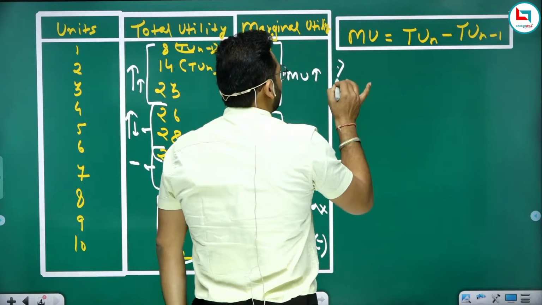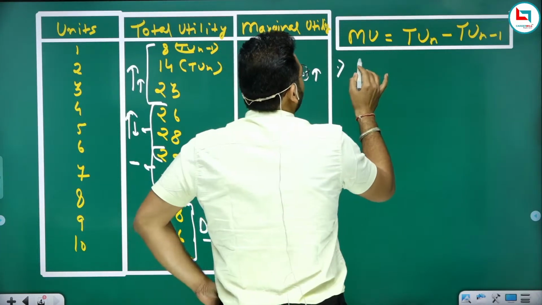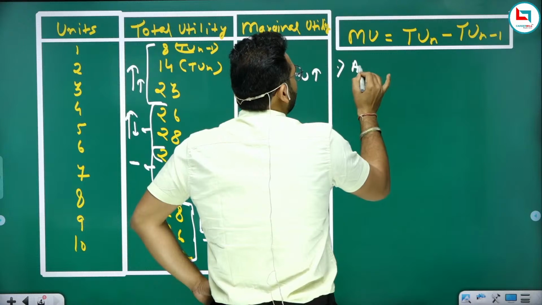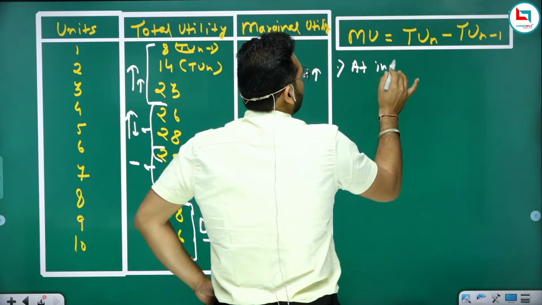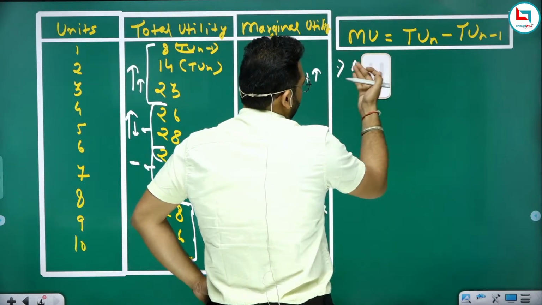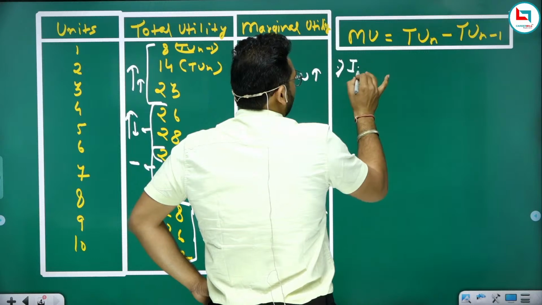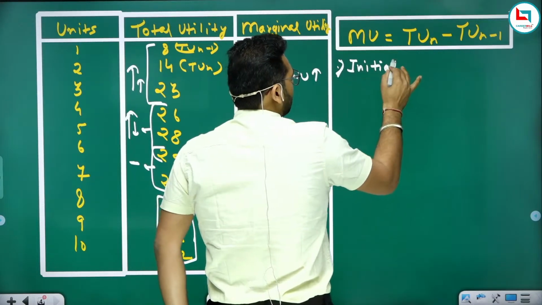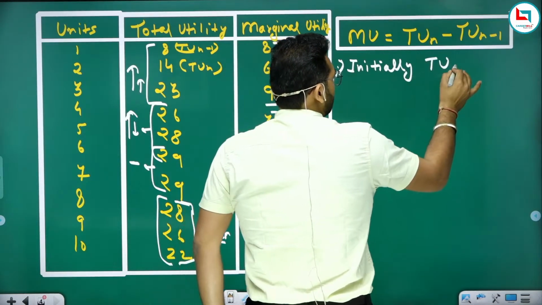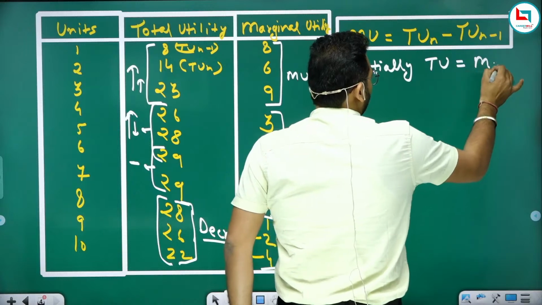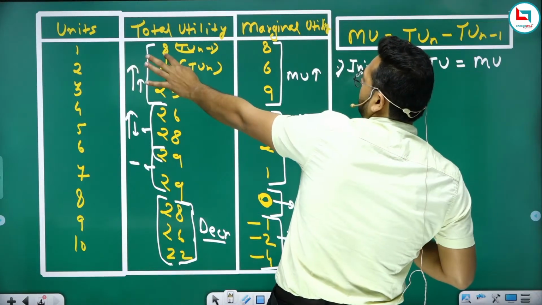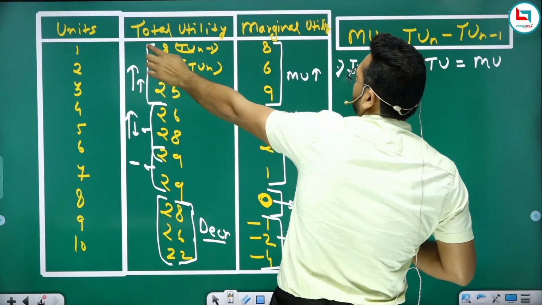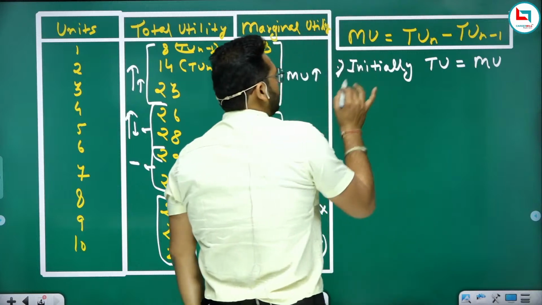First relationship: at the initial level, or you can directly write, initially TU is equal to MU. Here you can see 8 is equal to 8, TU is equal to MU. Initially TU equal to MU.